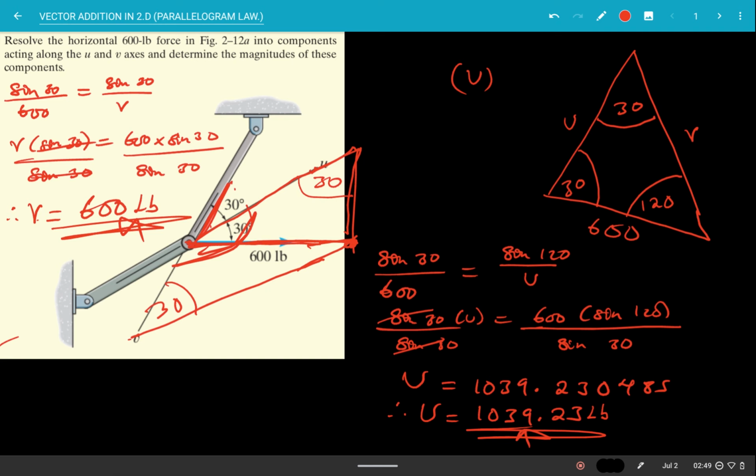Because this portion here is 30, if we apply the Z principle, this is also 30. So we ended up finding the angles that we needed there. Same thing with the angle that we needed there, which is 120, equivalent to the 120 there. And we had to apply the sine rule by picking one of the shapes. So that's literally the procedure. Follow the same procedure followed in objective 1, and you will find the answer that you want.